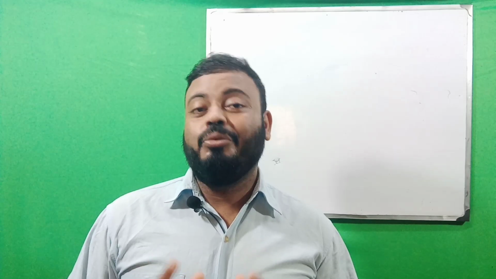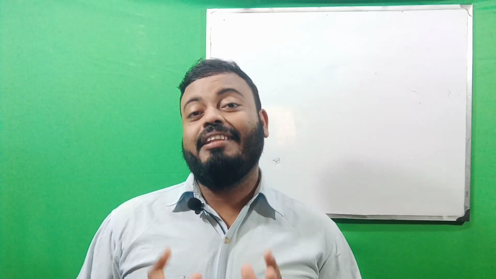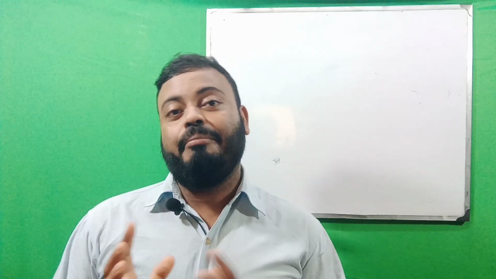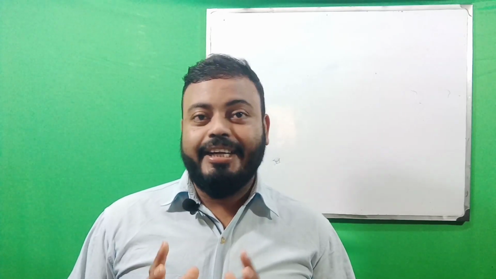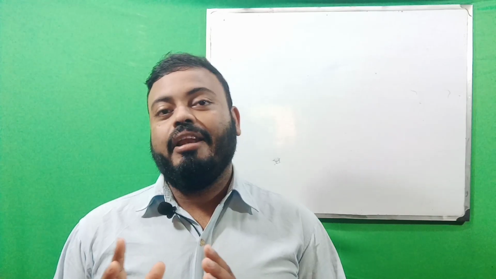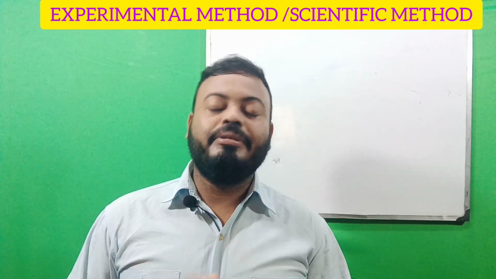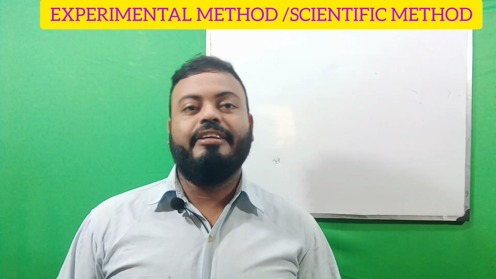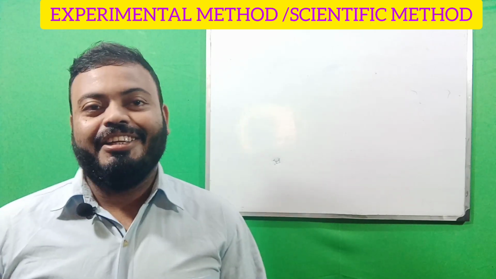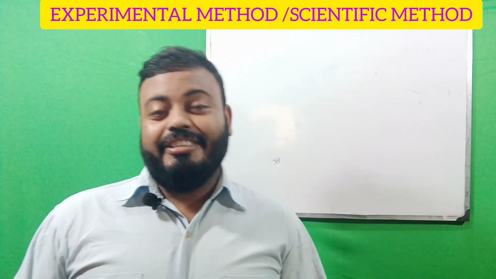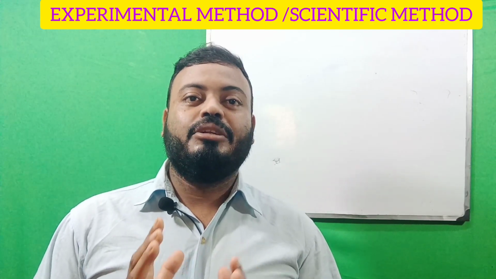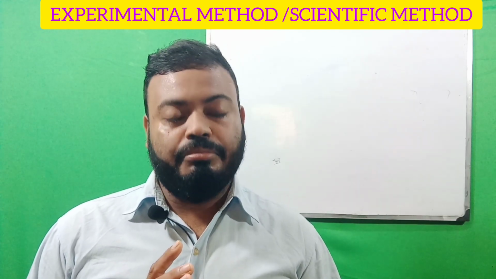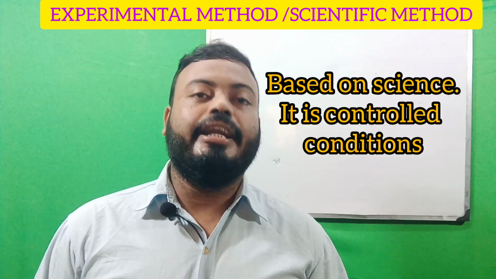So today I am going to explain another topic of methods of educational psychology. Today I have decided to explain the experimental method, or scientific method. So let's start. At first, the experimental or scientific method is totally based on science.